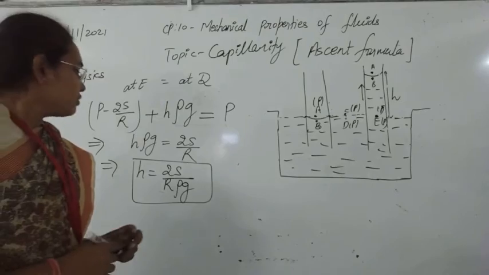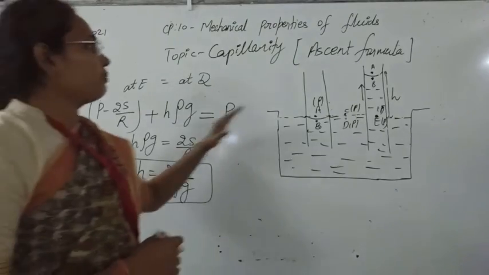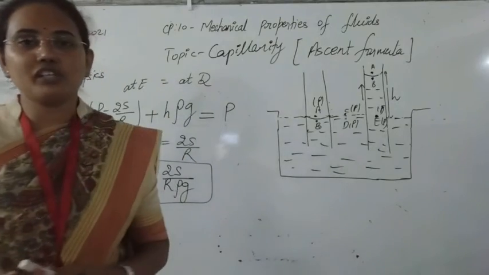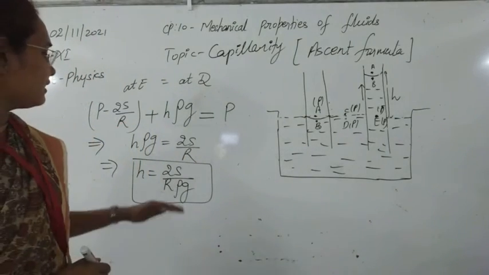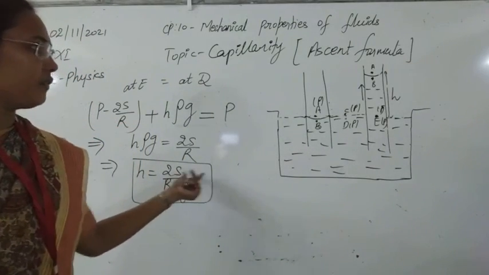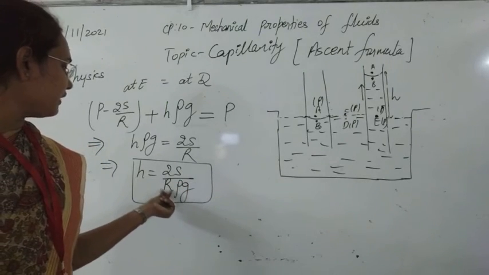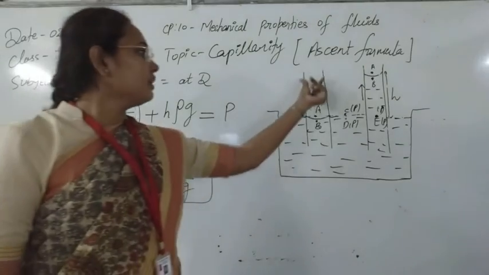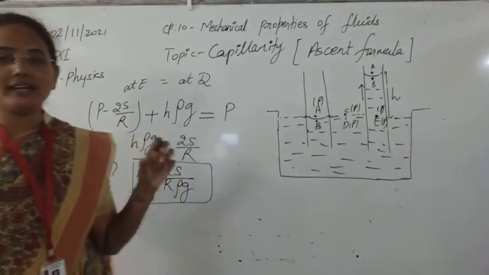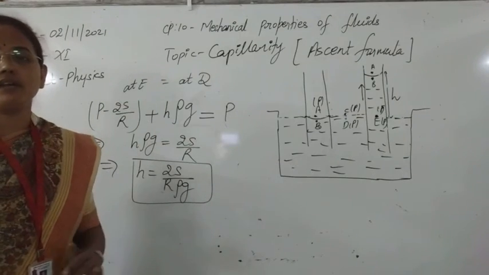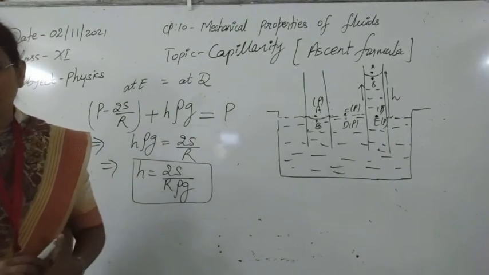It gives us information up to which height the liquid will rise in the capillary tube. If the surface tension of the particular liquid is given, the density of the liquid is given, and the meniscus of the capillary tube, meaning how fine it is, is given, then you can easily calculate the height up to which the level will rise.